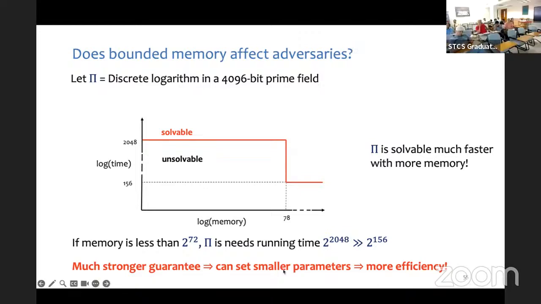Just building on that, are there any attacks known for the discrete log problem that try to optimize on space at all? So for example, this 2^2048 attack is essentially memoryless. It requires some small constant amount of space.